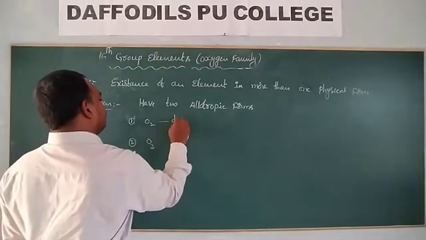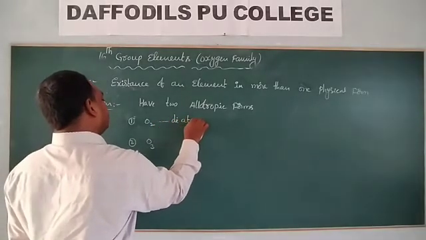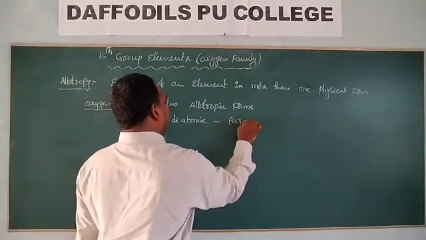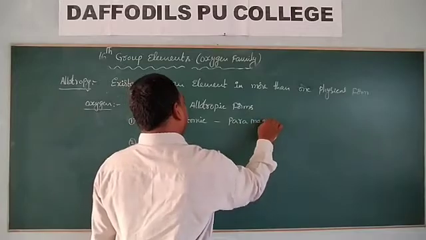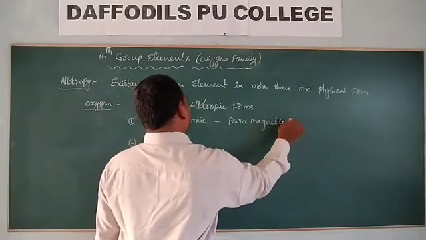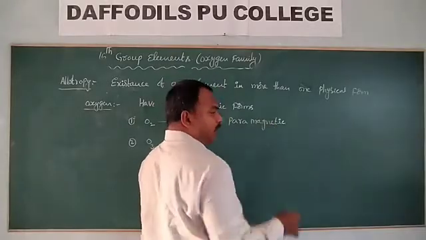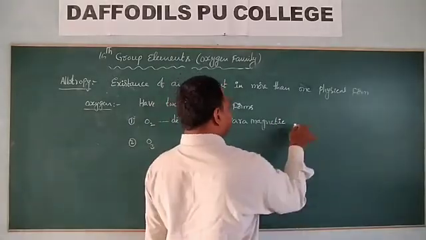O2 is diatomic, paramagnetic. Paramagnetism is explained by molecular orbital theory.